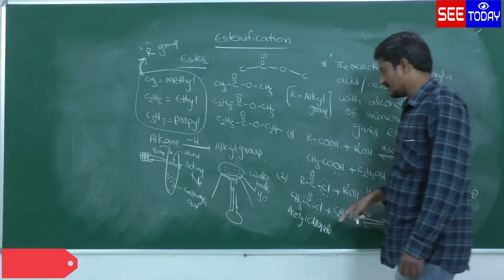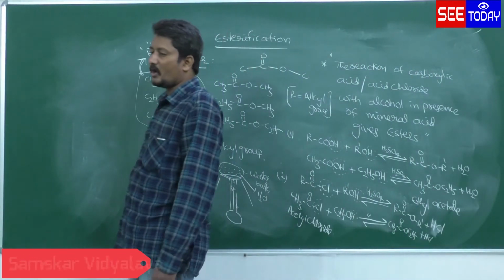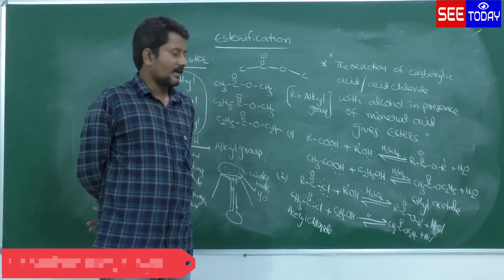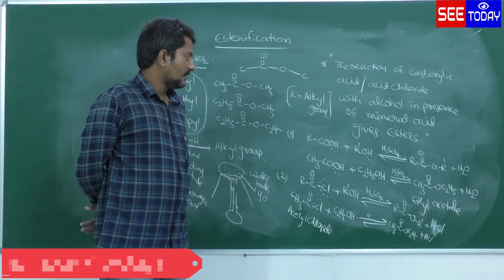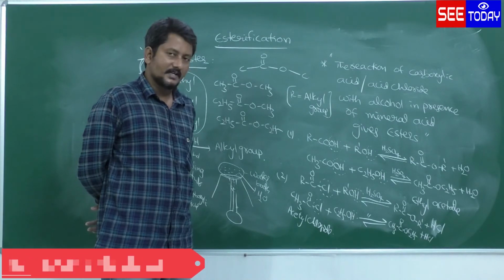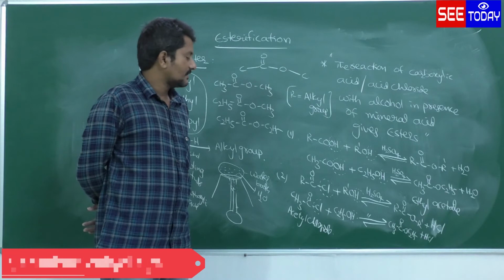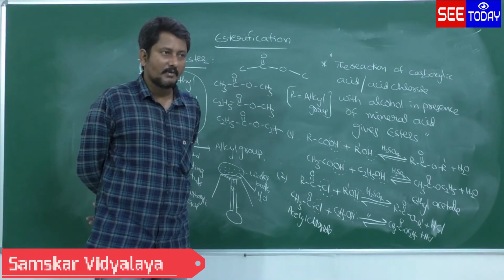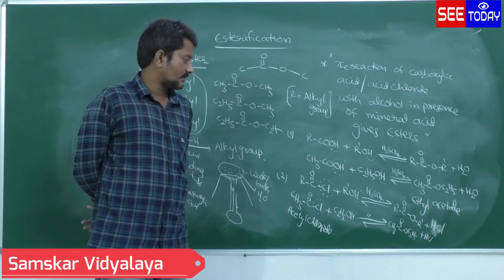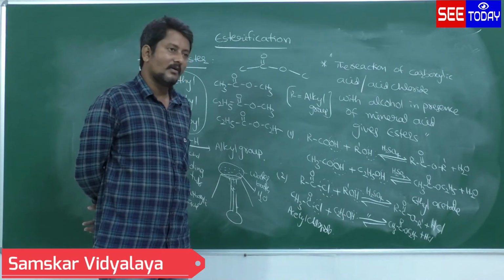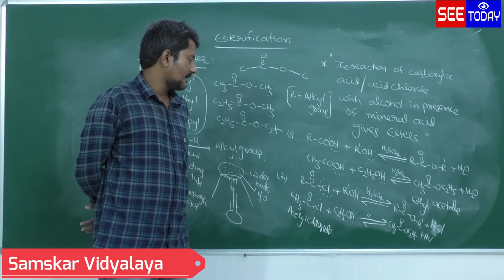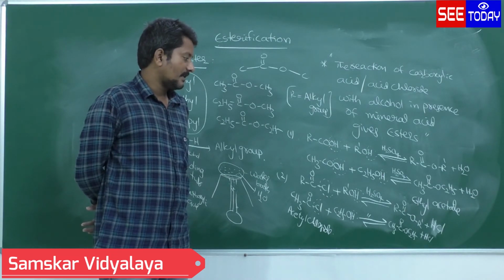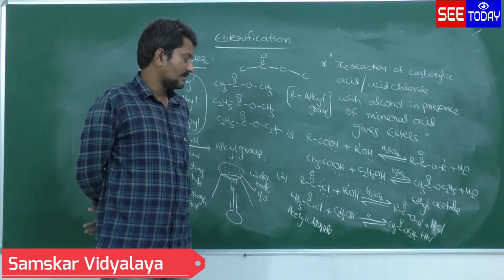And see the reaction. The general reaction: carboxylic acid RCOOH plus R1OH in the presence of H2SO4 gives ester. Instead of the R group, I am taking CH3: CH3COOH plus C2H5OH gives the ester. For the acid chloride, RC(=O)Cl plus R1OH gives RC(=O)OR1. Then CH3C(=O)Cl plus C2H5OH gives CH3C(=O)OC2H5 plus HCl.